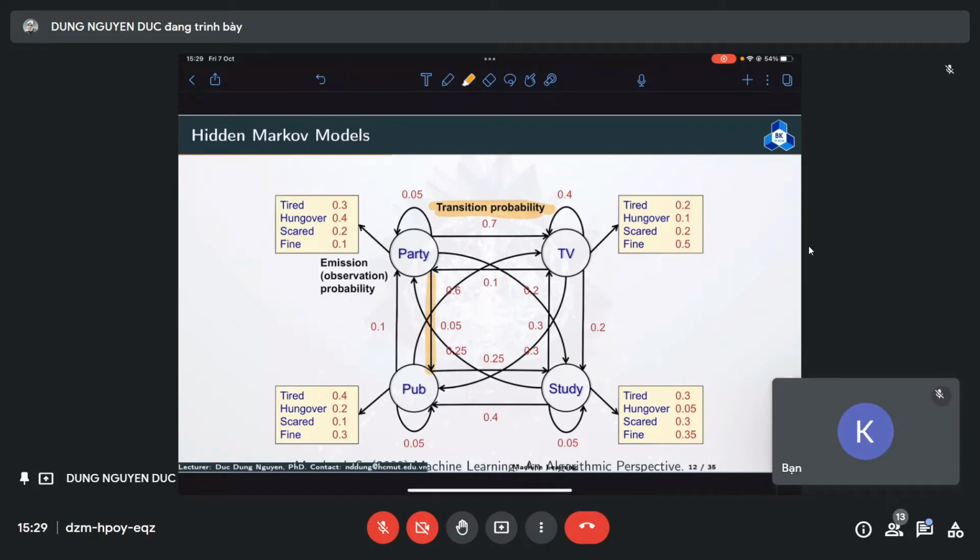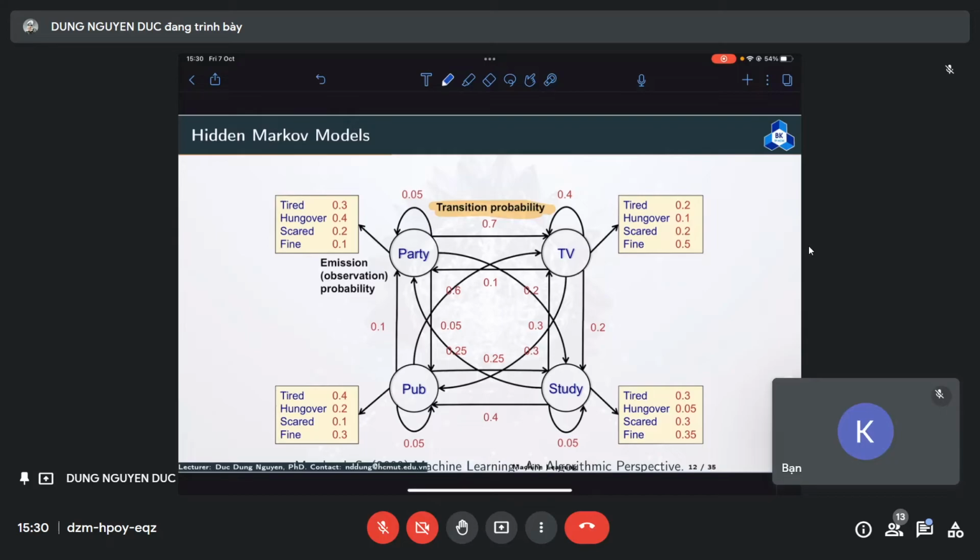Maybe if I went to the pub yesterday, then I'm not going to the party the next day. If that is the rule, then you don't have the link here. So again, the topology is so important. It shows how you can transition from one state to another state, and you have to be clear about that.